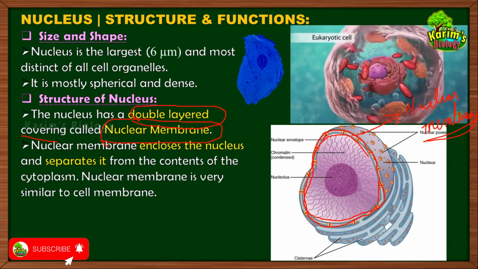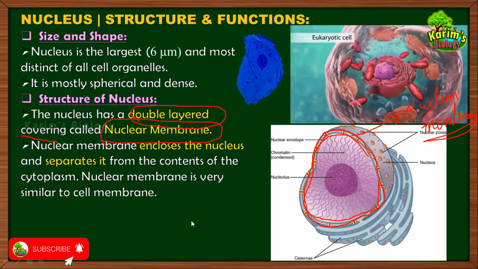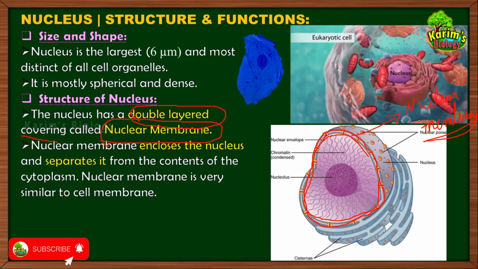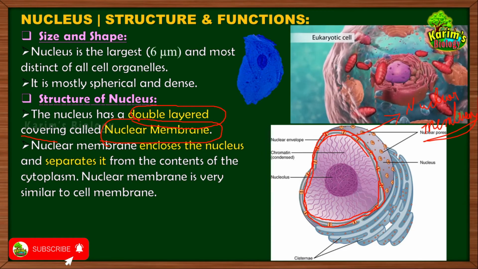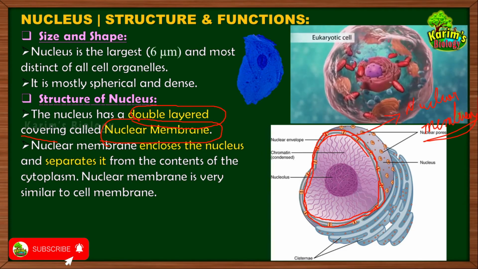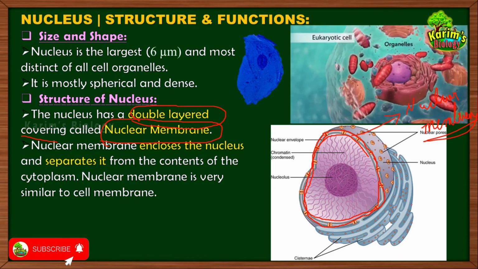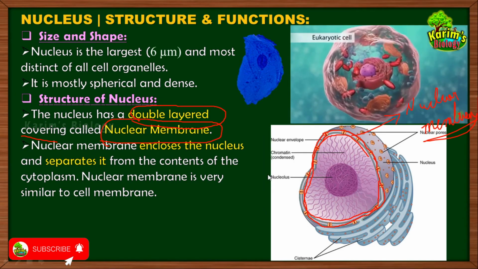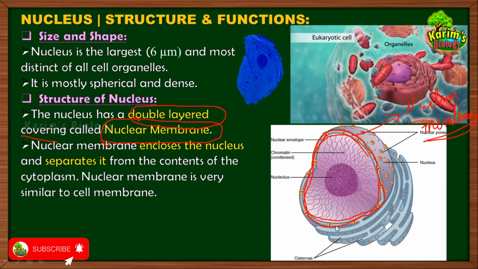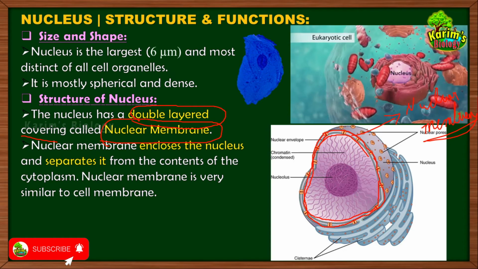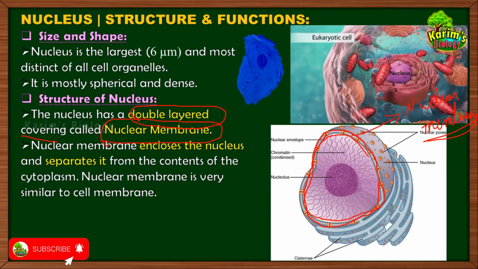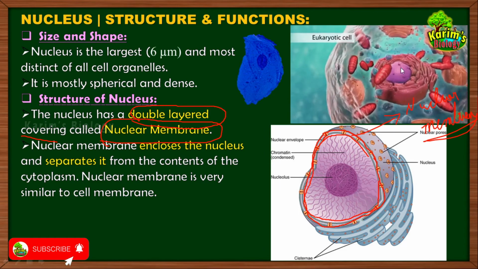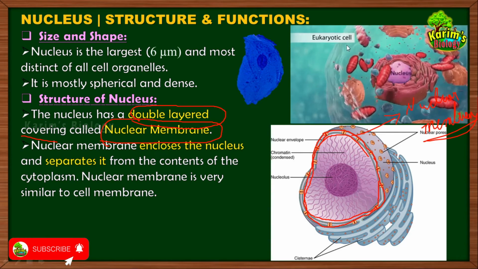What is the function of the nuclear membrane? Do you remember when we discussed the plasma membrane and cell wall? I told you that the plasma membrane separates the cytoplasm from the external environment. It acts as a barrier so that the cytoplasm and external environment get separated from each other. In the same way, the nuclear membrane also separates the contents of the nucleus from the outside environment. And can you tell me what is present outside the nucleus? See, this is the nucleus, and what is present outside?